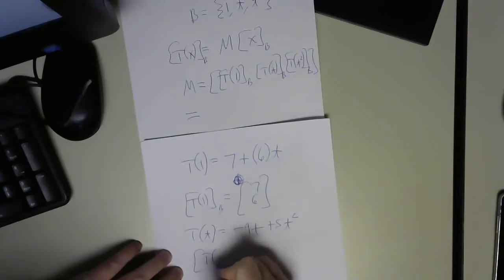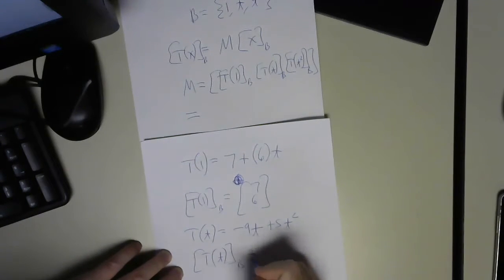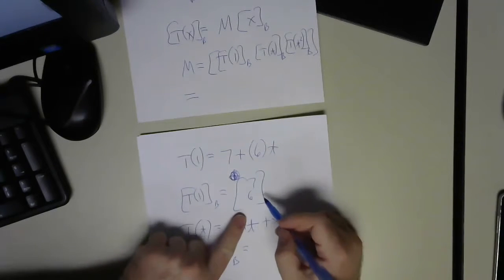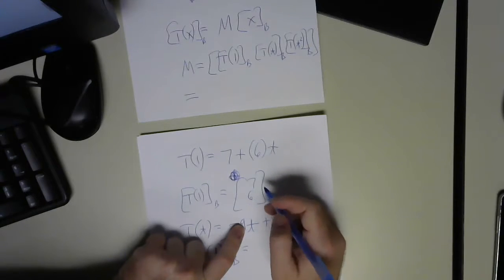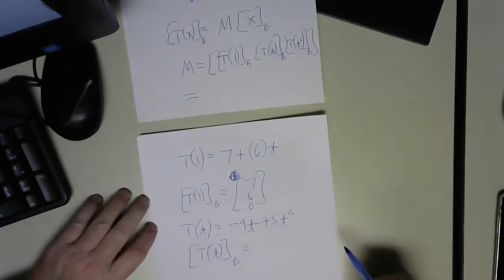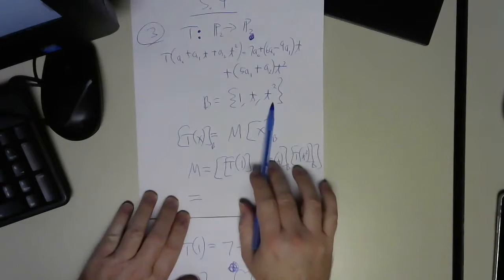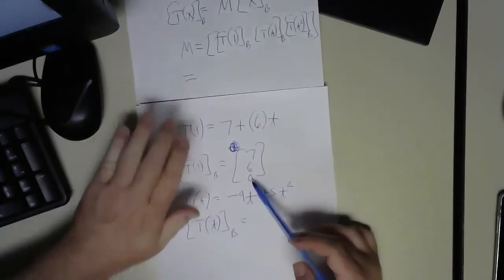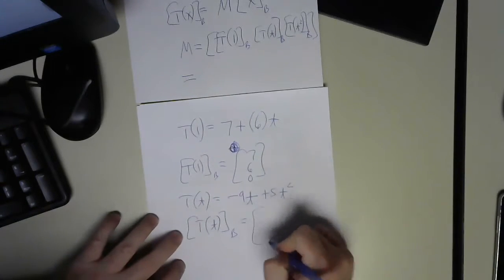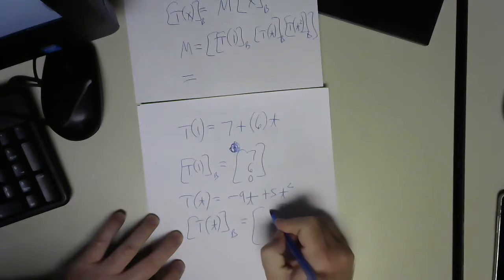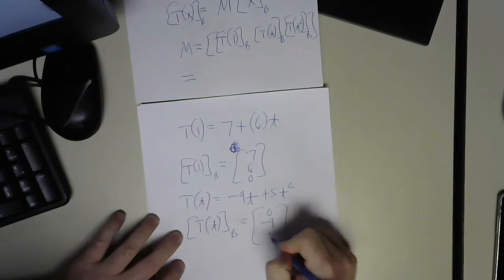So the coordinate vector for T of t with respect to B is, actually I better be careful with this one. There should be 3 coordinates there. There's a 0 at the bottom, because we have 3 basis elements with respect to B. My mistake. On this one we also have 3 coordinates, but the first one is clearly 0, then negative 9, then 5.